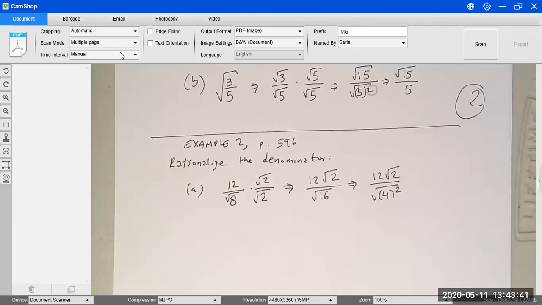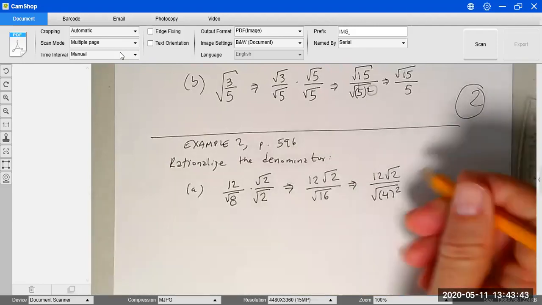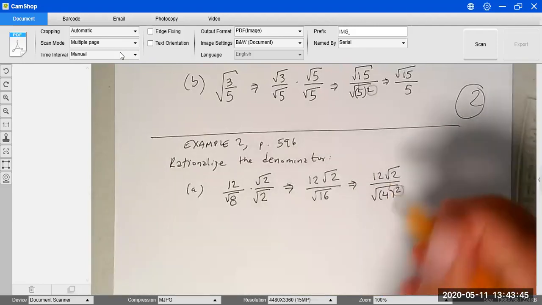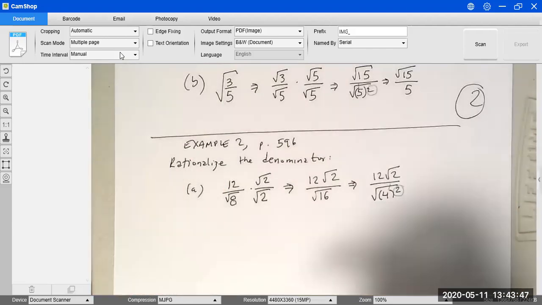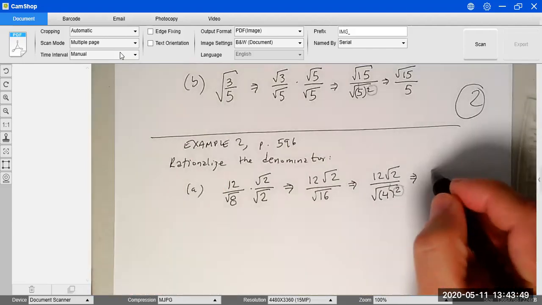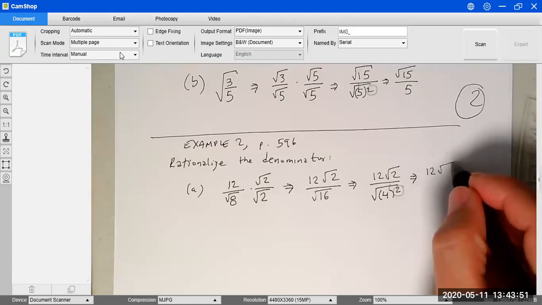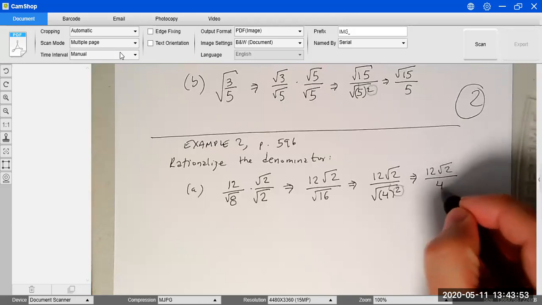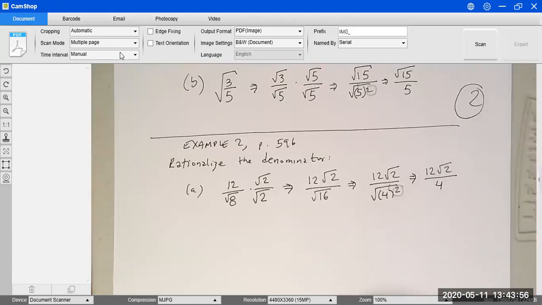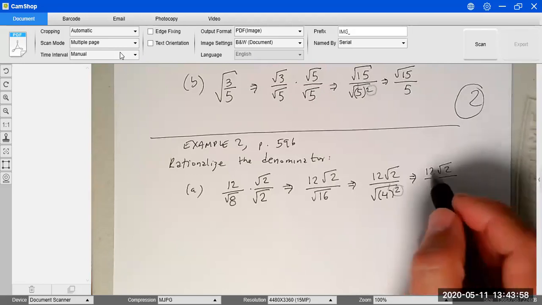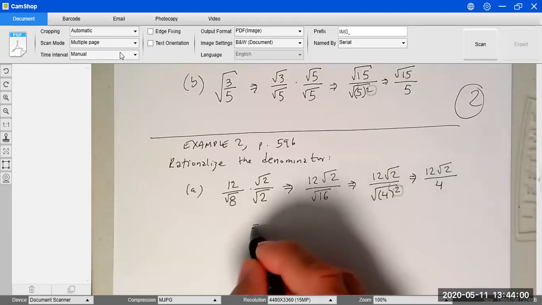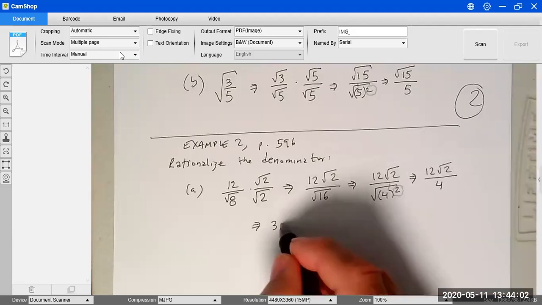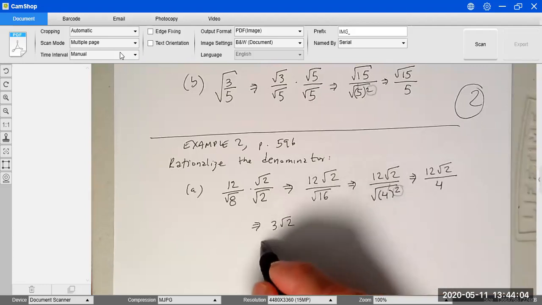So now we can see that we can eliminate the exponent, we can eliminate the radical sign. So we get at the end 12 square root of 2 over 4. So 12 over 4 is going to be just 3 times the square root of 2.